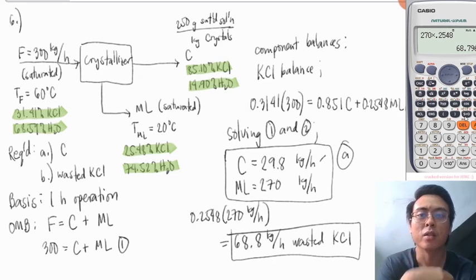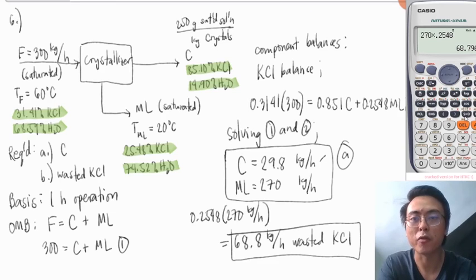In typical crystallization processes, after we have cooled down the feed to obtain the crystals, the mother liquor is not disposed. What happens is the mother liquor is fed to an evaporator. Some of the excess water will be evaporated such that your mother liquor would now be more concentrated and at a higher temperature, such that we can recycle the mother liquor back to the feed.